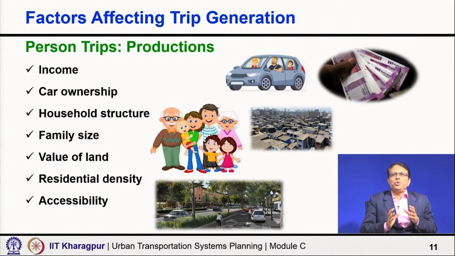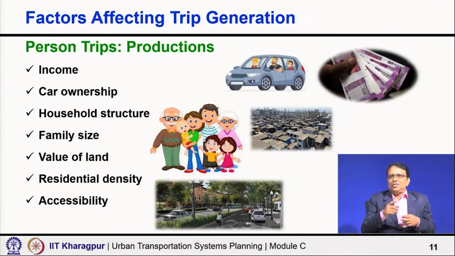So, how many trips will be produced by a household? So, household is my unit for analysis and I am trying to analyze the trip productions by households. So, then I can use household income, household car ownership, household structure, household family size and so on.